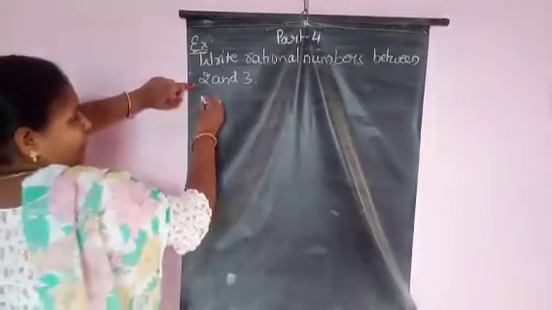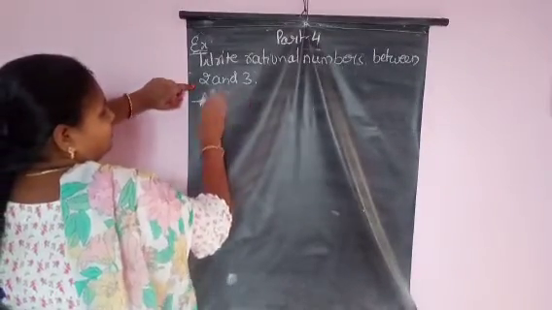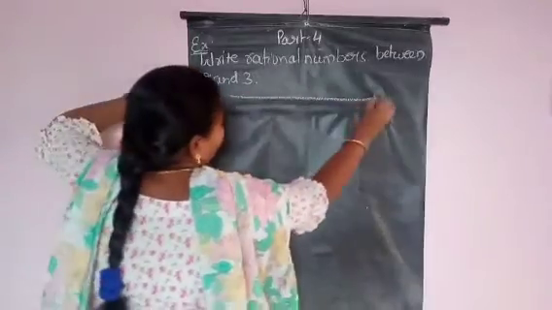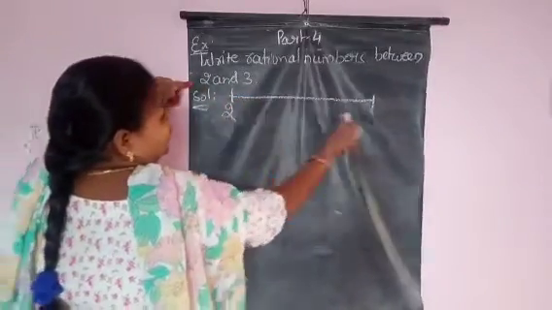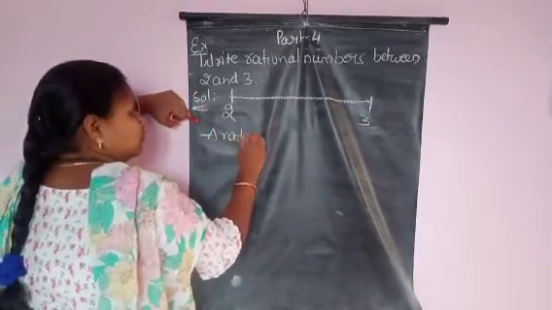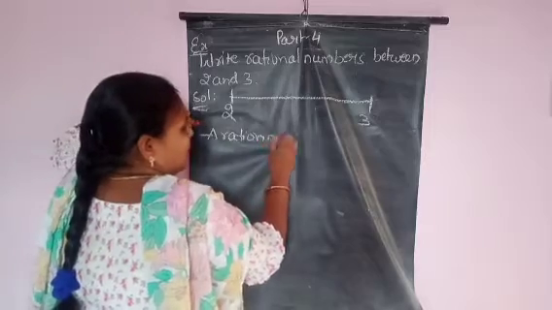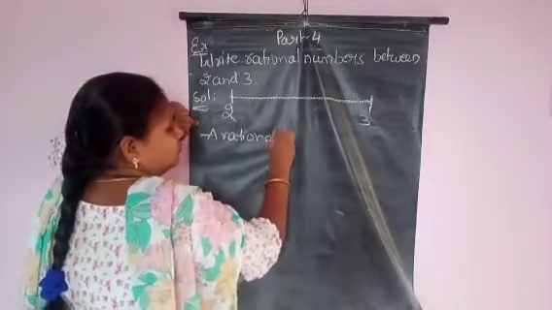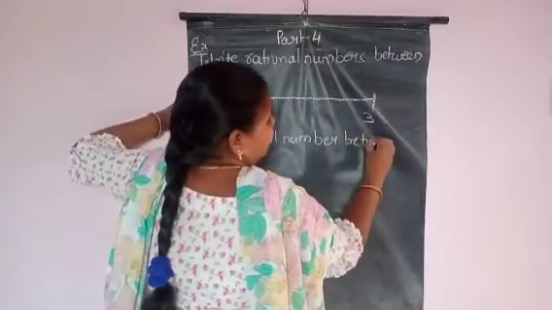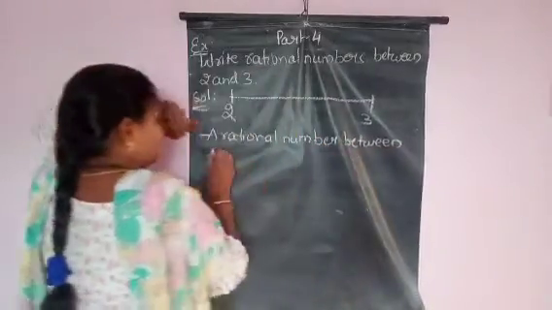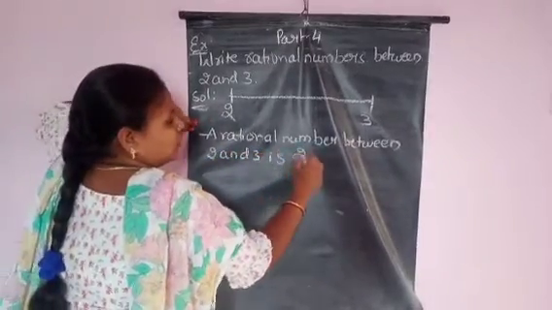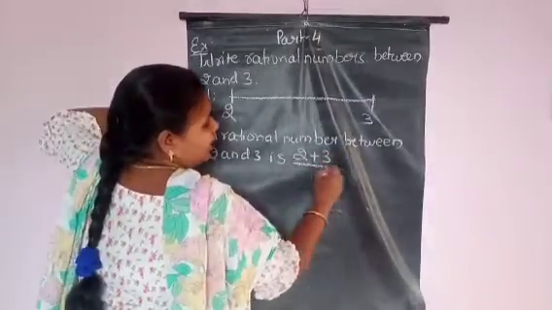Solution: a rational number between 2 and 3 is (2 plus 3) by 2.